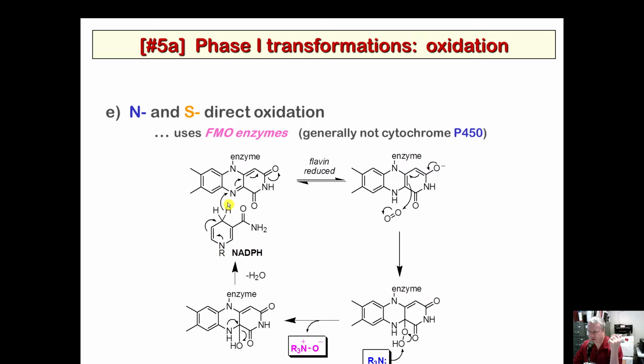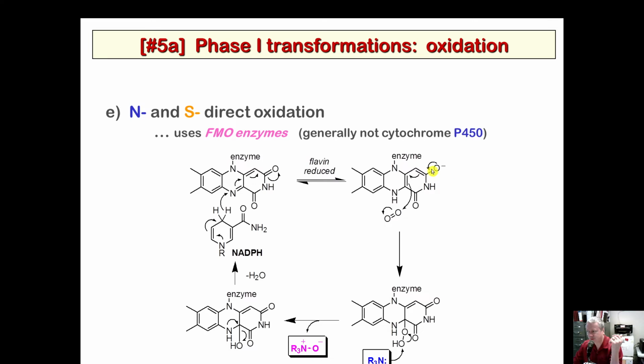It's almost like sodium borohydride or lithium aluminum hydride, right? It's a hydride donor. So the nitrogen kicks in, the double bonds shift over, H minus gets transferred onto the flavin, and that pushes electrons all the way over to the oxygen. And then that is activated to attack oxygen.